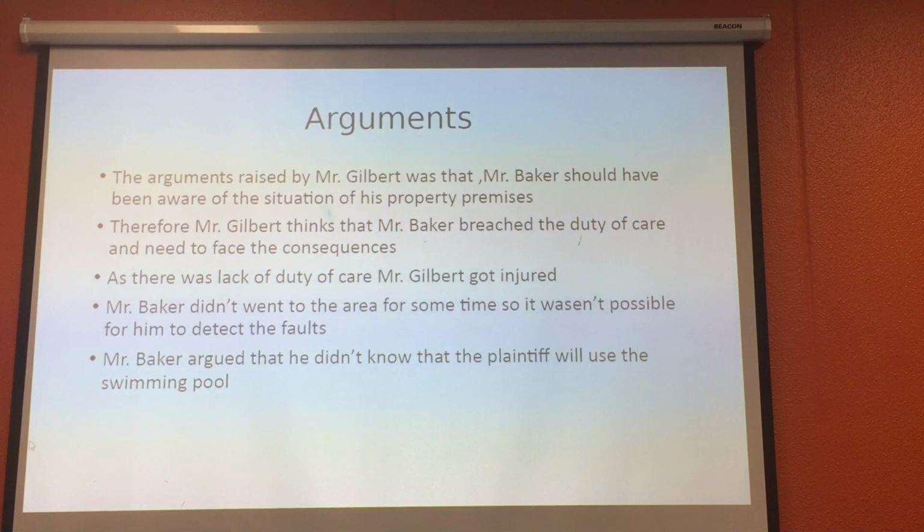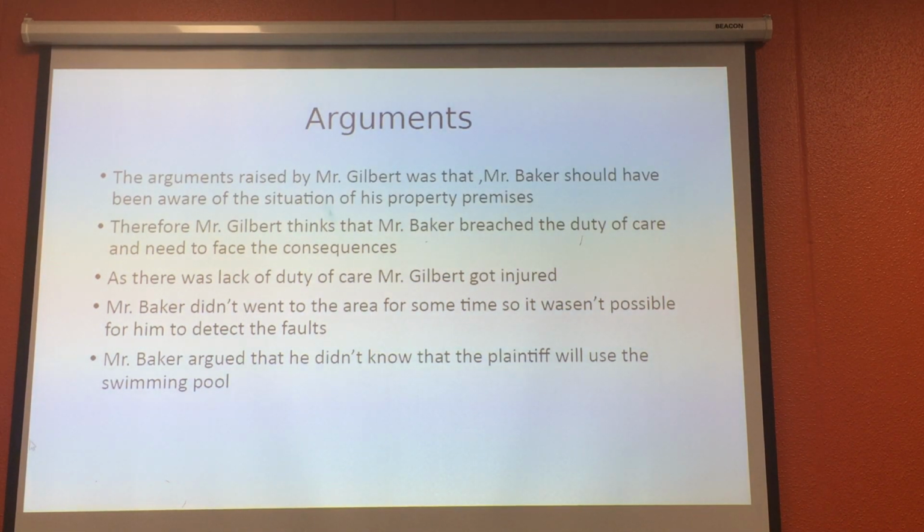In this case, the argument from the side of the plaintiff, that means Mr. Gilbert, was that it was Mr. Baker's property, and hence he should have been aware of the situation of the property premises. Therefore, they say he breached the duty of care and needs to be punished.